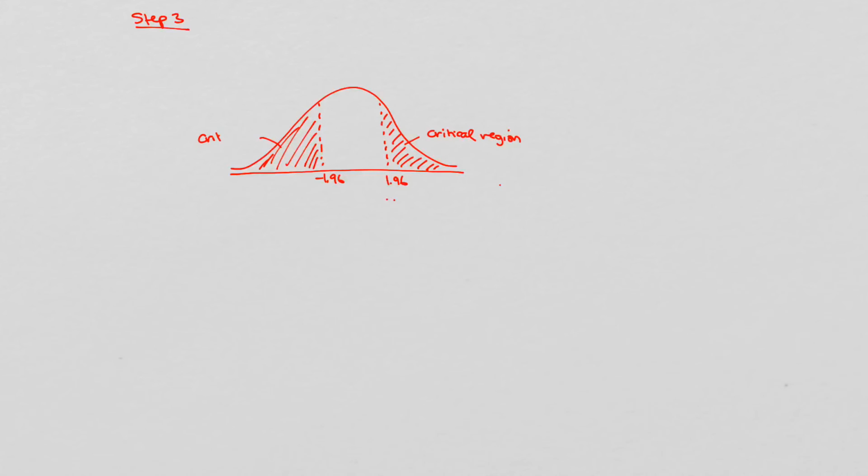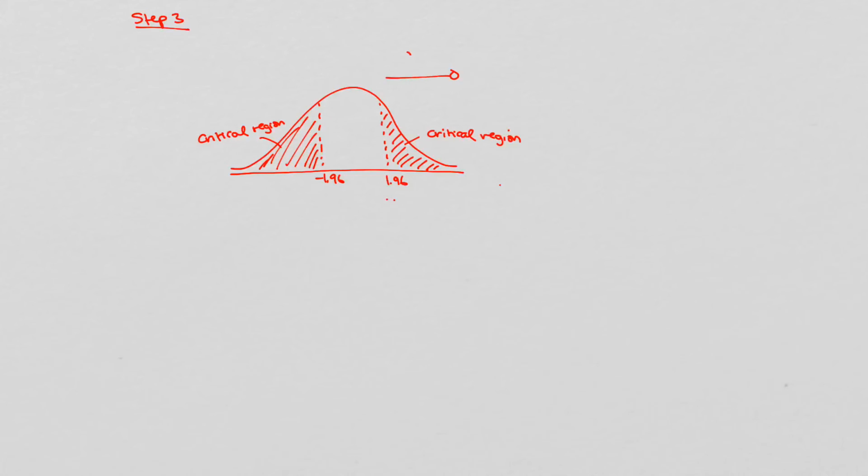We still have to finish our claim, which is step 3. So again, we draw our graph. We mark on our graph 1.96 and minus 1.96 as our critical values. Therefore, less than or greater than these values is the critical region. So again, clearly identifying our critical region on our graph.